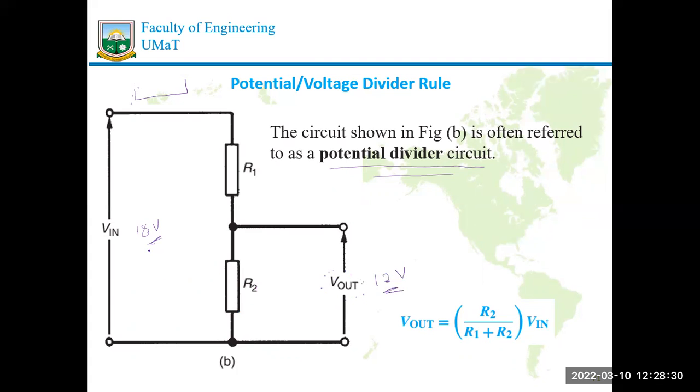So what can I do to get my 12 volts at my output? All that I can do is to carefully select some set of resistors. If I select the set of resistors rightly, then I can get my 12 volts, especially if I know one of the resistances that I can easily get. You can assume that, okay, this one is, let's say, 3 ohms.